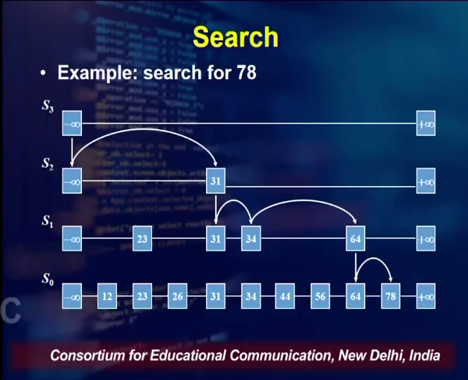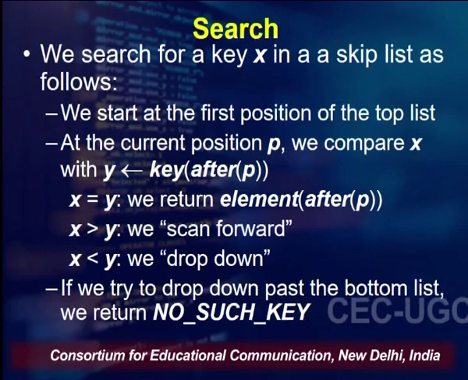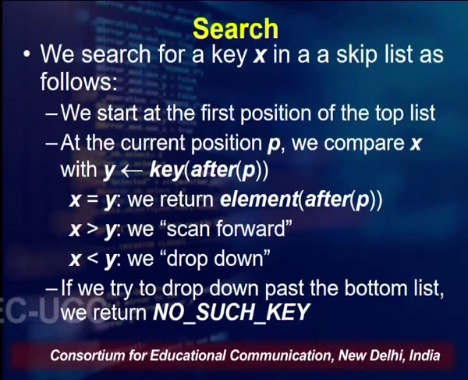What I am trying to say here is, in between 56 and 64 there should be key 60. But if through your pointer movement you come to 64 and you are not finding the key 60, that means key 60 is not available, because now from here we can't even drop down, that is the last level. That is what the last statement is saying here. If we try to drop down past the bottom list, we return no such key is available.